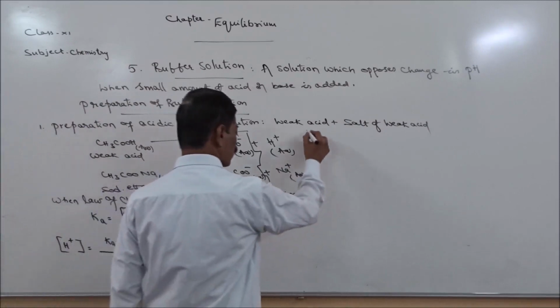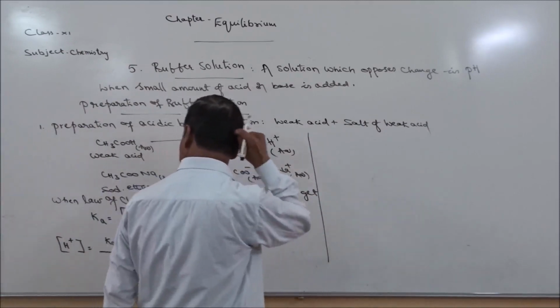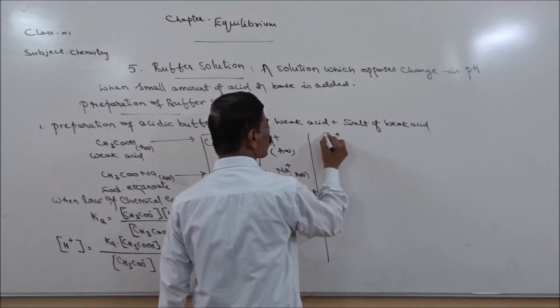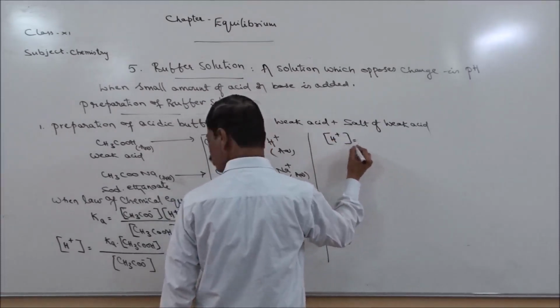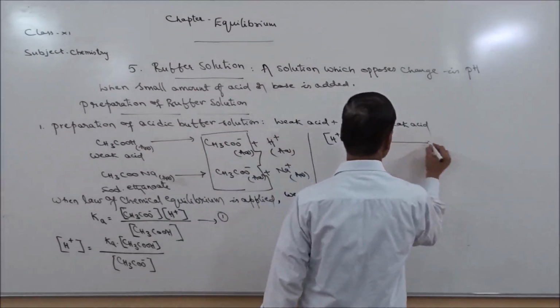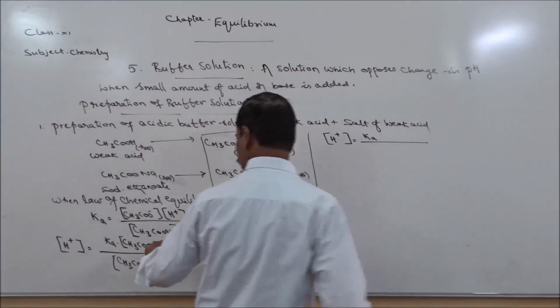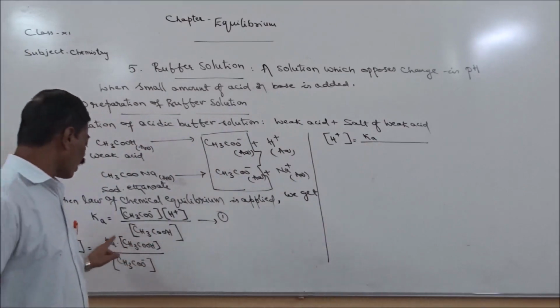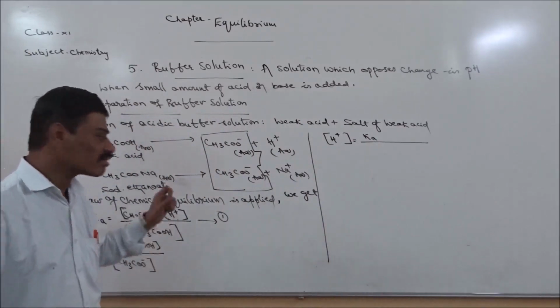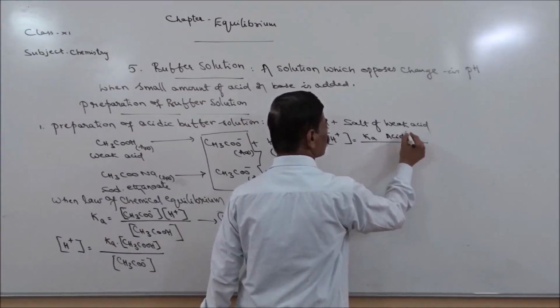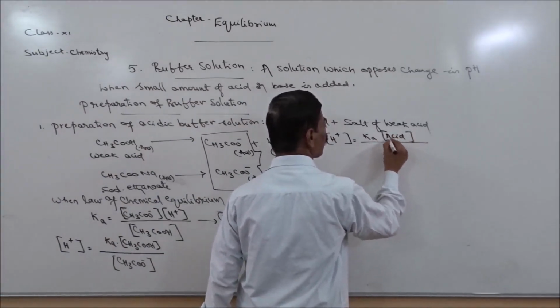Next, the same equation I am going to write in this way. H+ ion molar concentration is equal to the ionization constant of acid Ka into, here ethanoic acid, CH3COOH is the acid, so I will write acid in this way, molar concentration of acid.